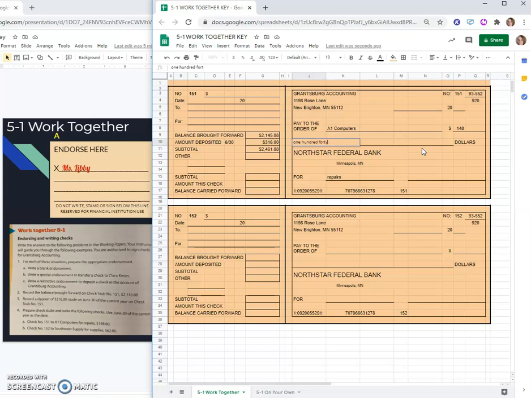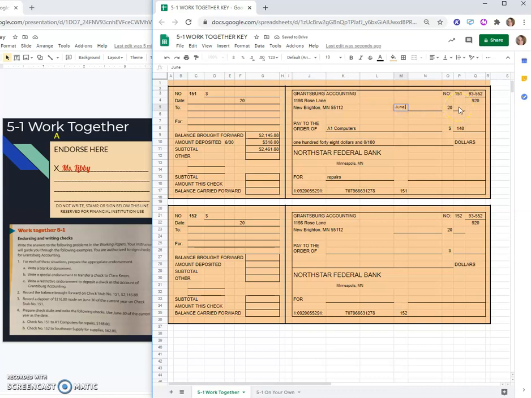$148 and 00/100, which means no cents. And our date for this check, what did they say? Oh, June 30th.